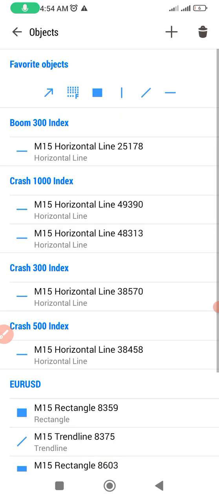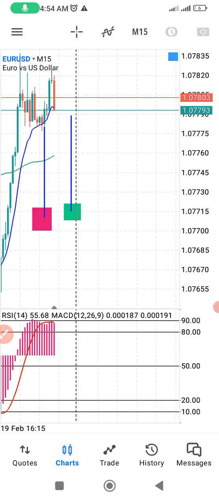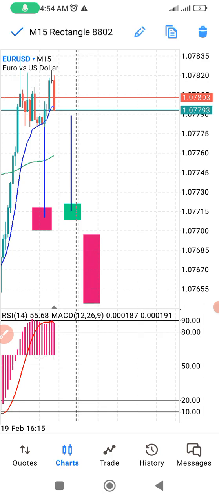Now this is how it looks like. This is a bearish engulfing candle.